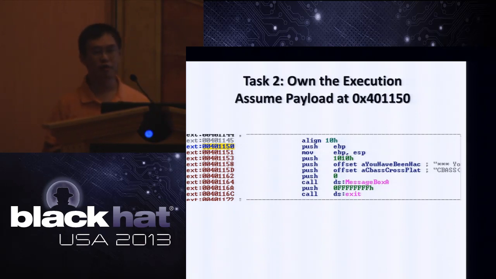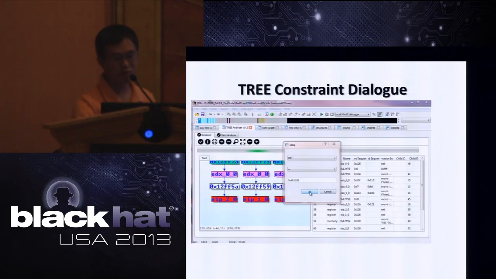It could be the entry, maybe a loop sequence you found, or somehow you get a payload in there. It's getting hard today, but it's still possible. For demonstration purposes here, we just put in a piece of payload that pops up a message box and shows a quick message here.